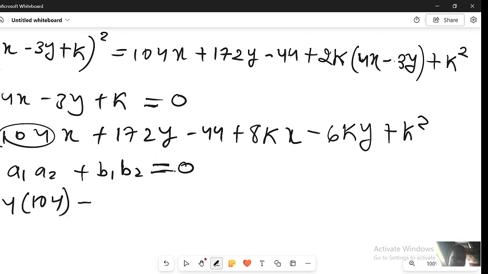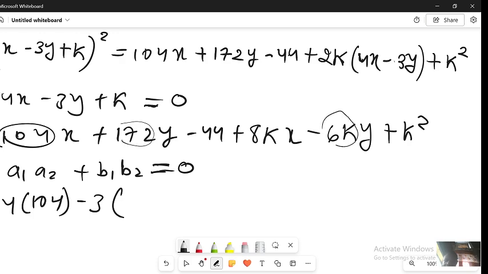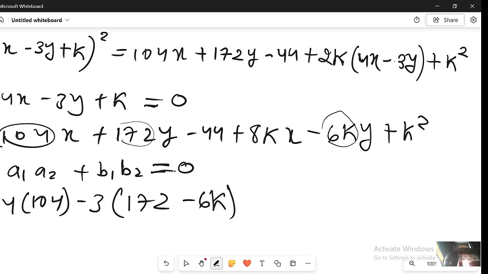Minus 3 here. We have the value, the one who has y, so we'll have 172 minus 6k equals 0. From there, I'll determine the value of k, which will give you 2.